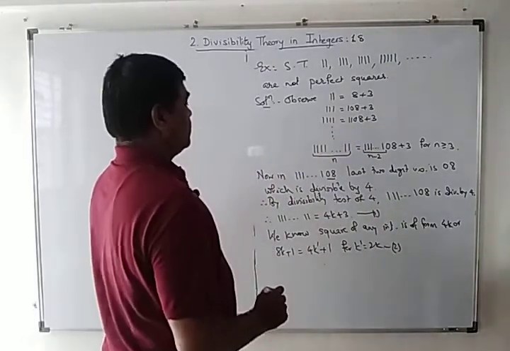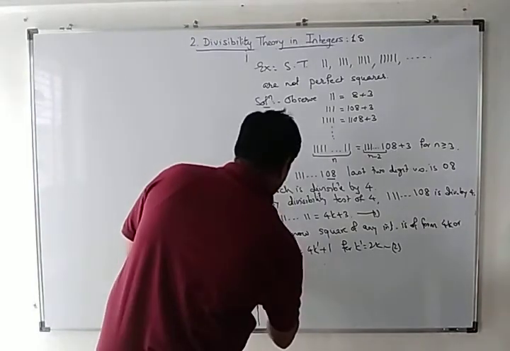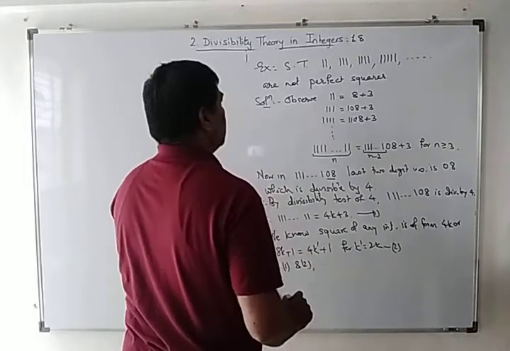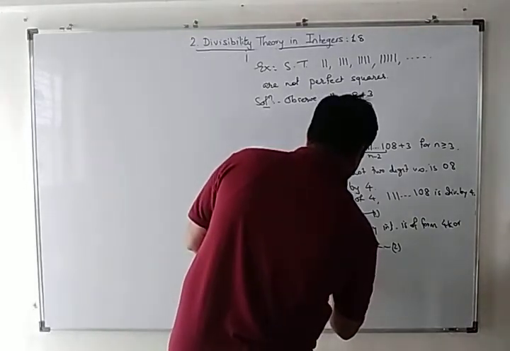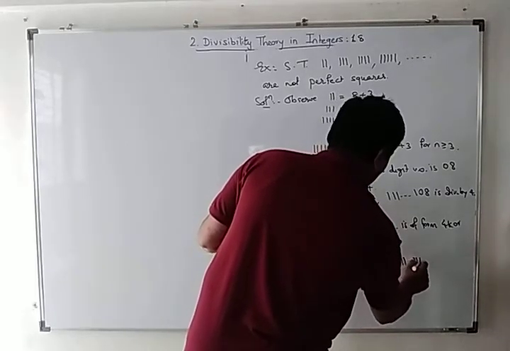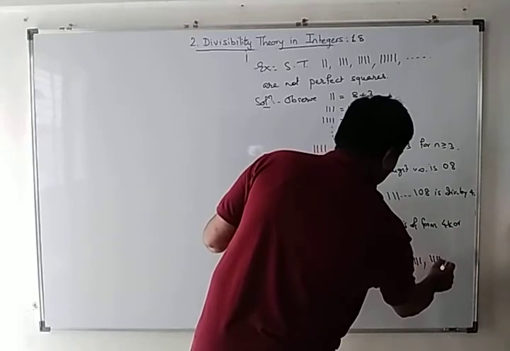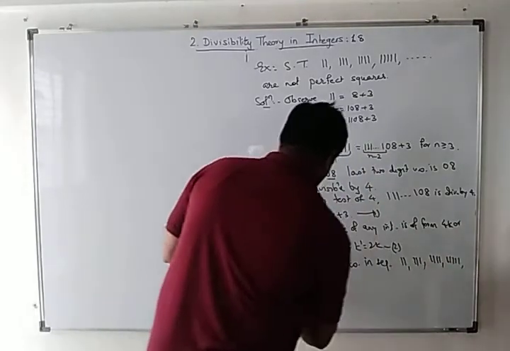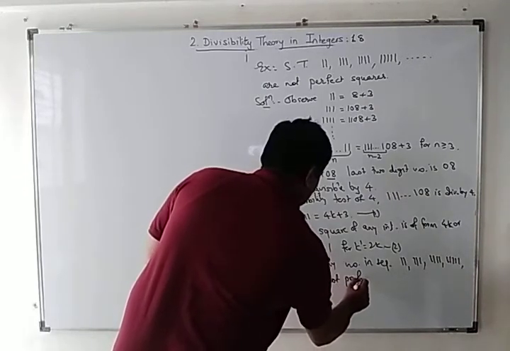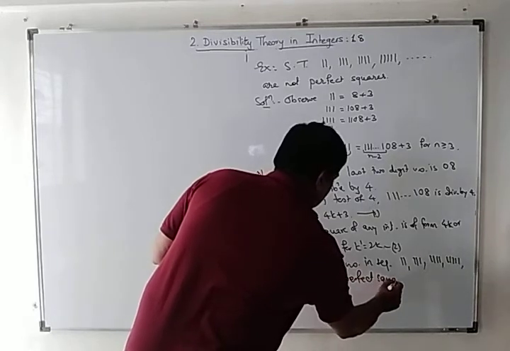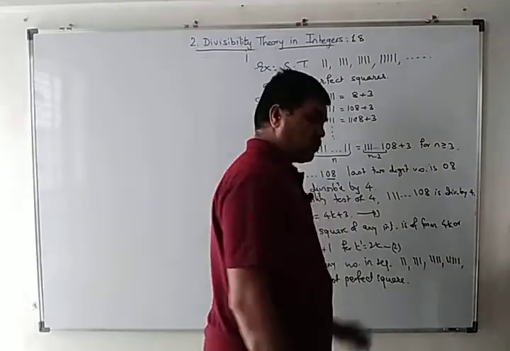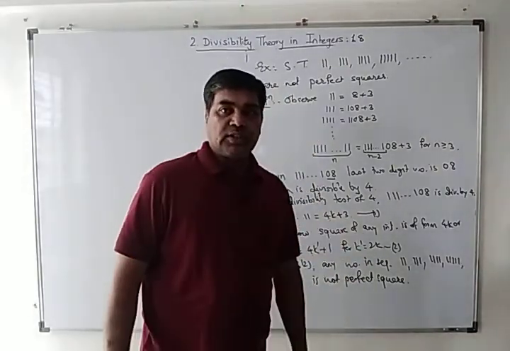From 1 and 2, any number in the sequence 11, 111, 1111, and so on is not a perfect square, because a perfect square is always of type 4k or 4k' plus 1, and this is of form 4k plus 3.